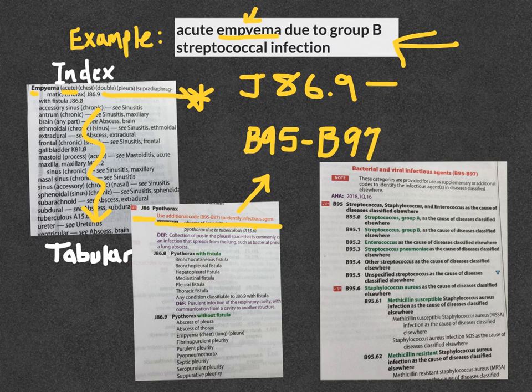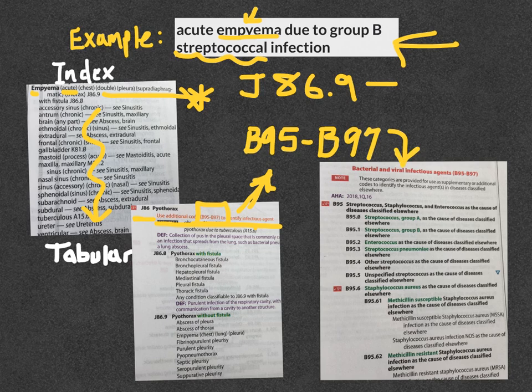The infectious agent we know is group B strep. So it's telling us, you can go look up streptococcal or streptococcus in the alphabetic index, but here it's telling us where to go in the tabular, B95 to B97.